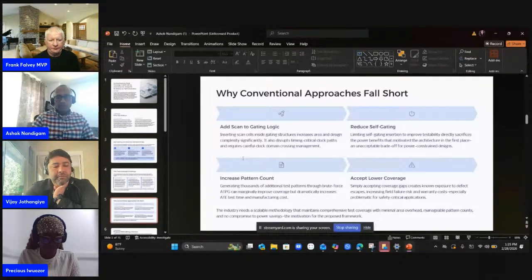With respect to self-gating clock gating cells, since they are gated by the logic which they are driving, it is quite difficult for us to get the coverage on those cells.